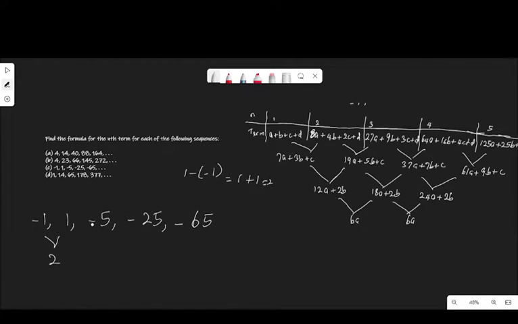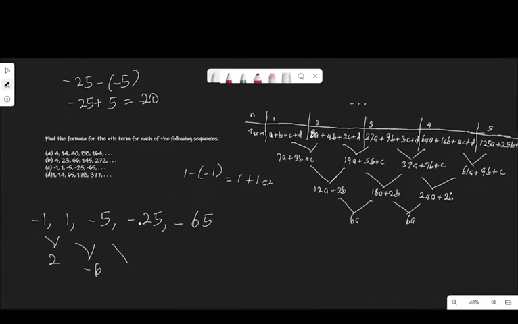Then this is minus 5 minus 1. That will be minus 6. Minus 25 minus minus 5. We write that here: minus 25 minus, again minus 5. That is minus 25 plus 5, which is minus 20.